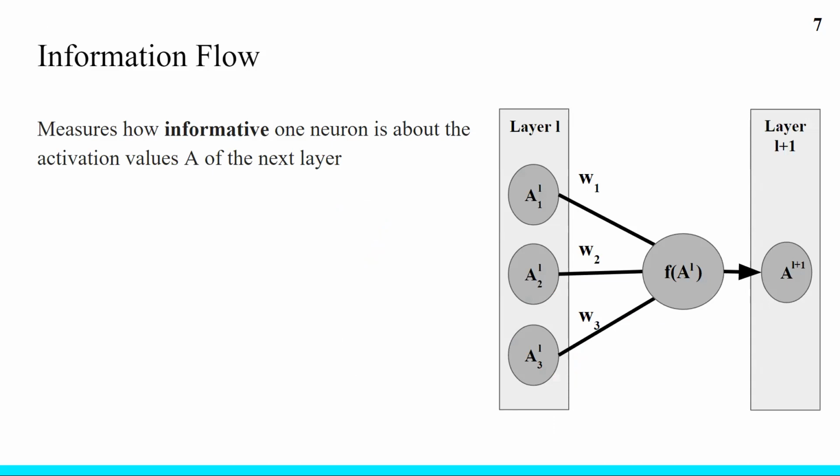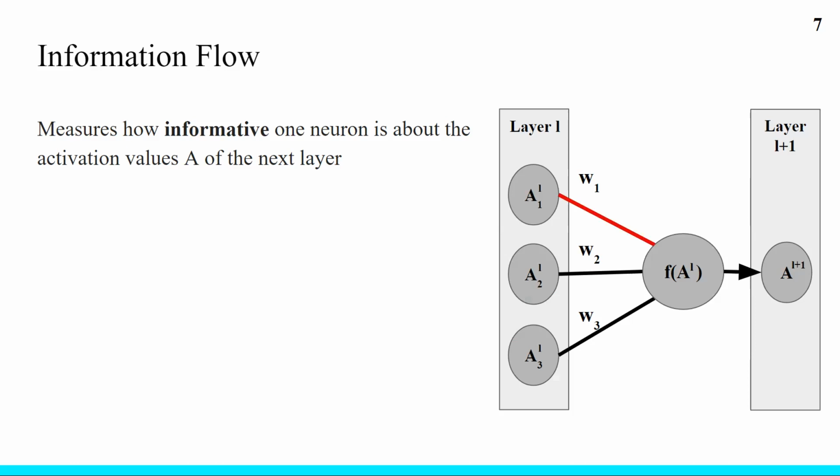What we want to do with information flow is say, okay, are there certain connections between these two layers that are more informative about the behavior of the neuron in layer L+1, given the behaviors of the neurons in layer L? So if there is one of these weights, for instance, that over a set of data, the activation values of a neuron in layer L are frequently giving some indication of the activation value of the neuron in layer L+1, you would say that there is a large information flow between those two neurons, and that is a desirable quality.